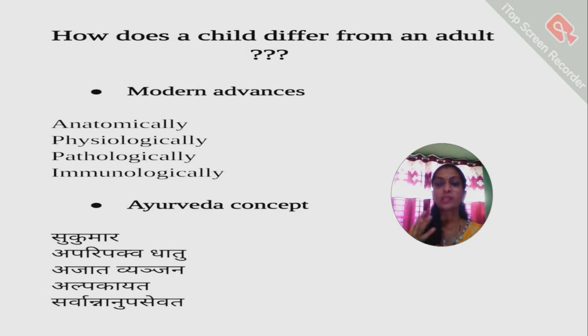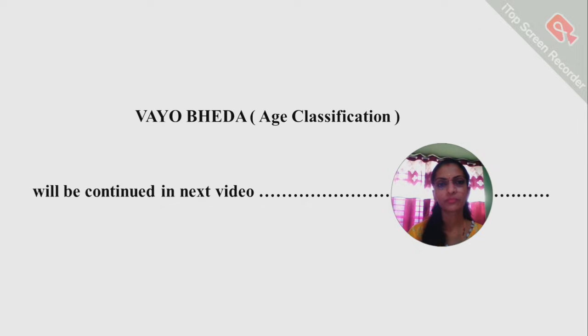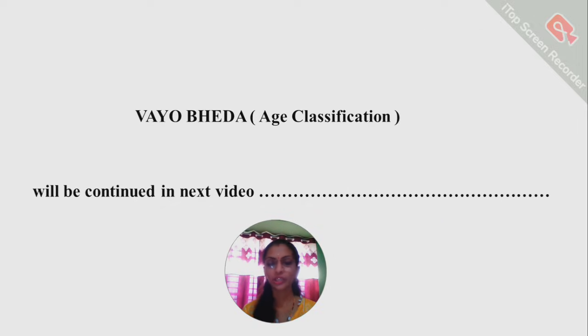Sarvanna Anupasevata means they can't have all sorts of food like adults. We should advise according to their age, digestion capacity and tolerating capacity, whereas adults eat all sorts of foods, right? So till now we saw the introduction to Kaumarabhritya and the terminologies used in it.